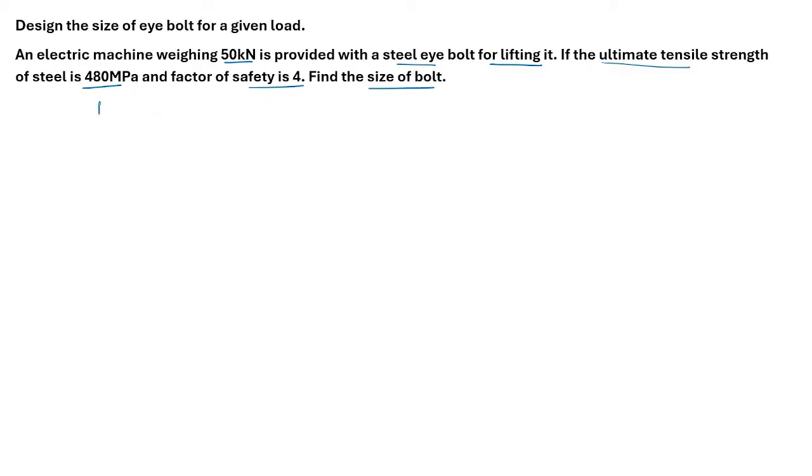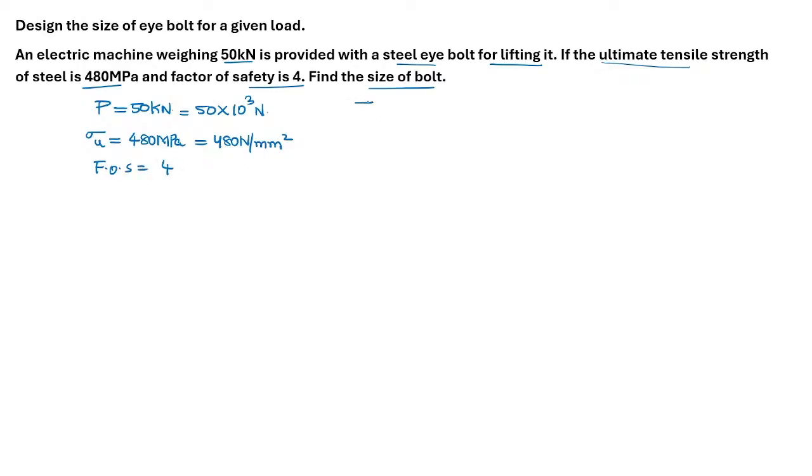So the load given is 50 kilonewtons, that is P, which is also 50 into 10 power 3 newtons. Next is ultimate strength is 480 megapascal, which is also 480 newton per mm square. Factor of safety FOS is equal to 4.